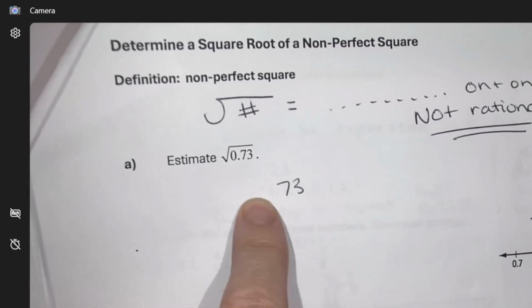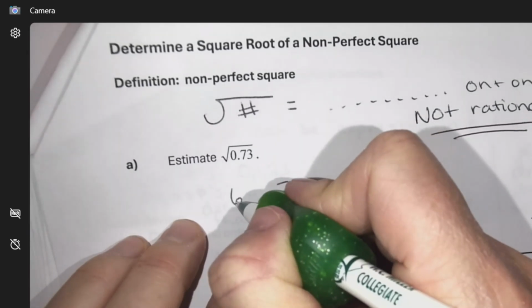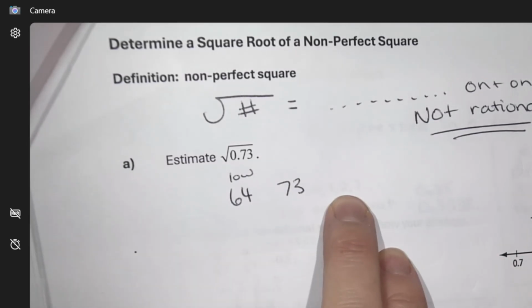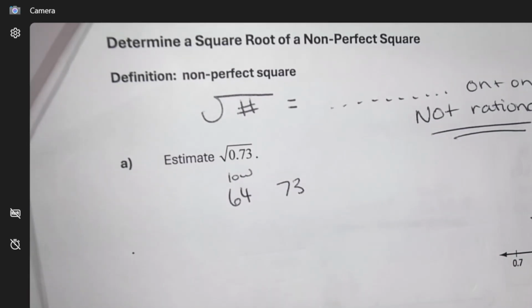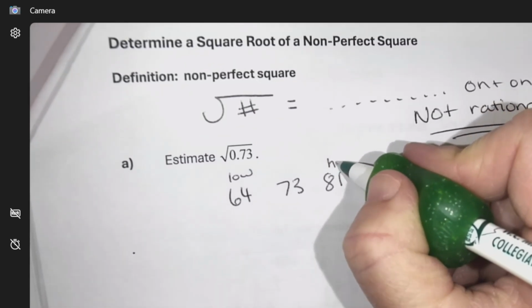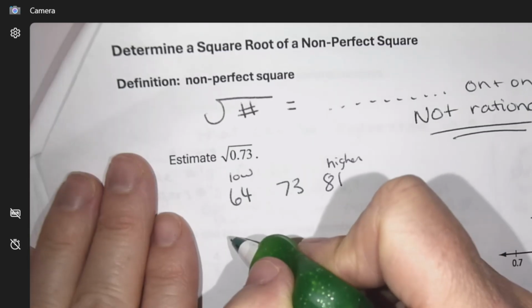What's the lower number here? What's the perfect square you can find below it? Carter. 64 is a perfect square lower. Dom, what's a perfect square above it? 81. So there's a perfect square lower and higher.